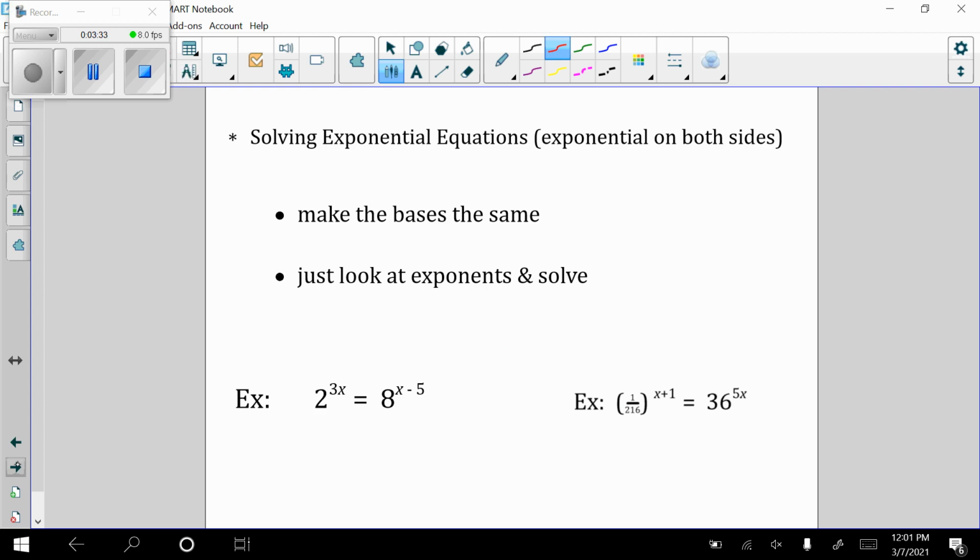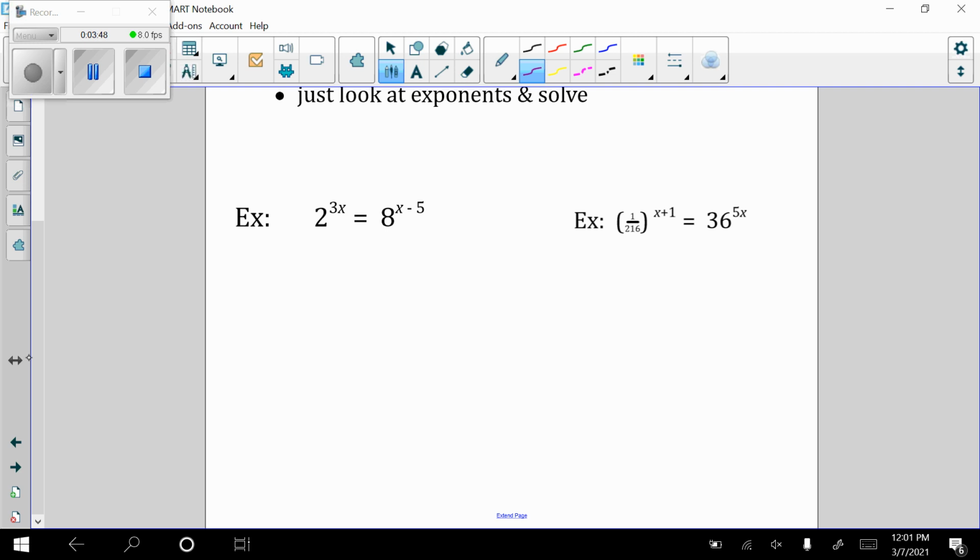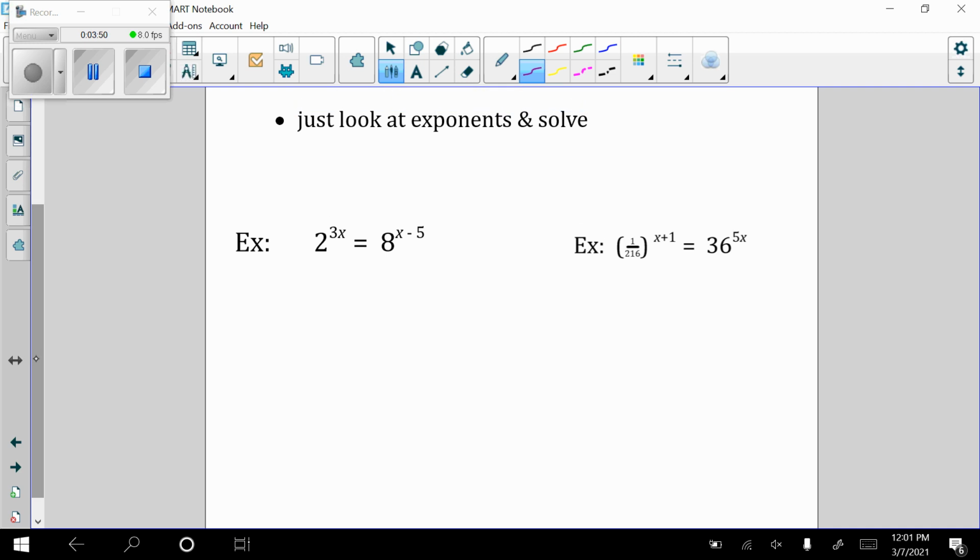Okay, so we're going to solve some exponential equations just as review. So you have this option here, where if you notice that your bases are powers of each other, then you can make your bases the same, and then just set your exponents equal to each other and solve. So in this case, 8 is equal to 2 to the third. So I have 2 to the 3x, and I'm going to change 8 to the common base, 2 to the third, to the x minus 5 power.